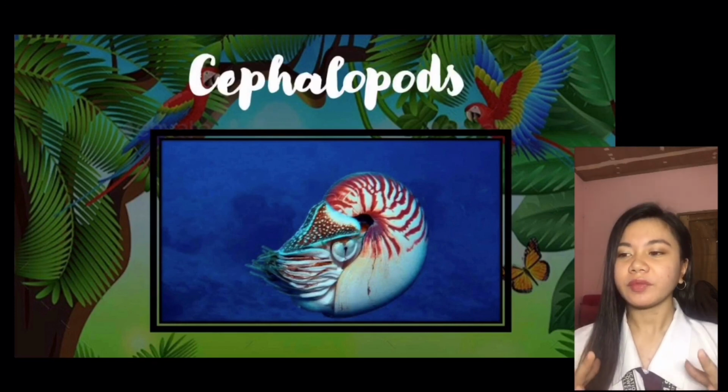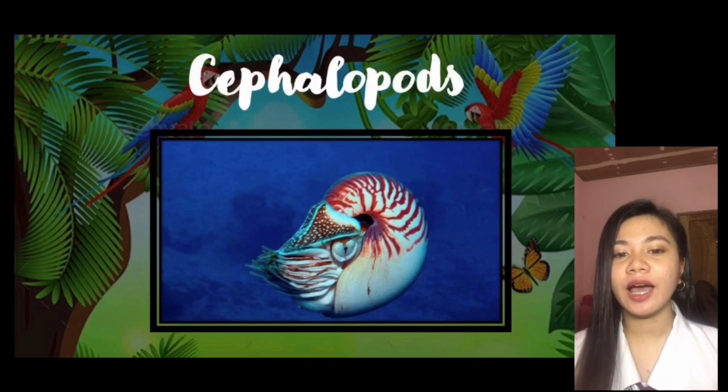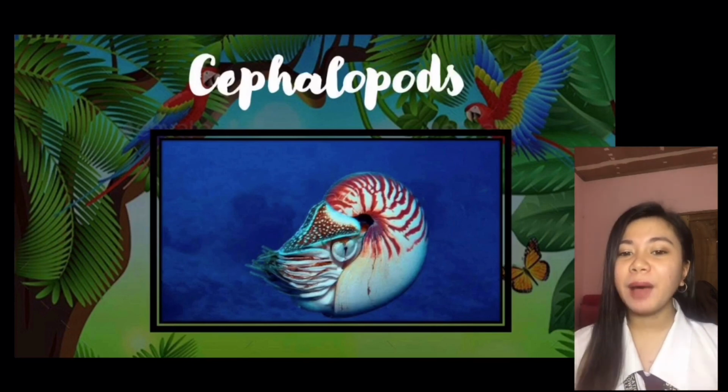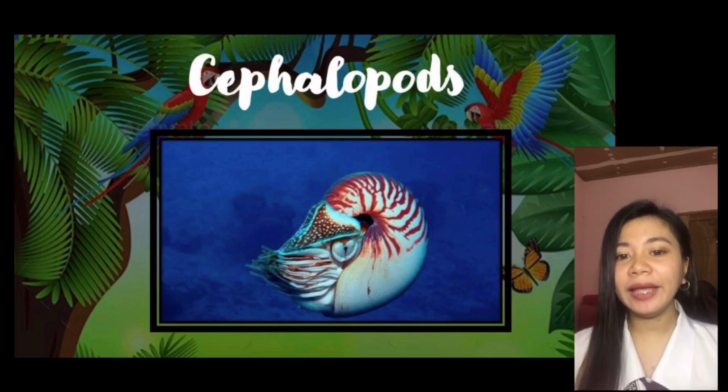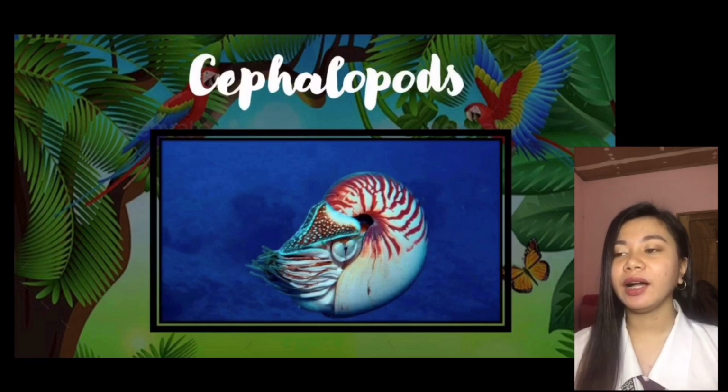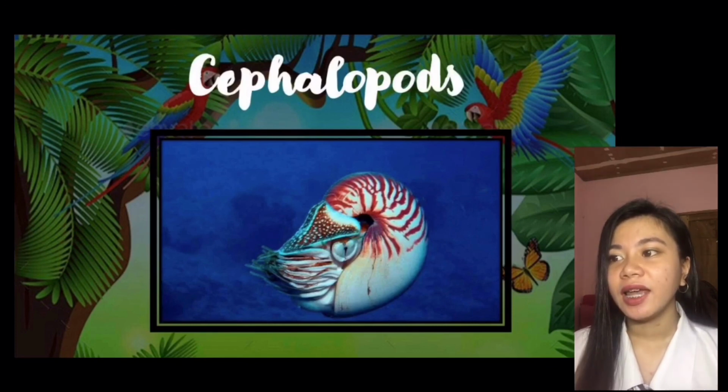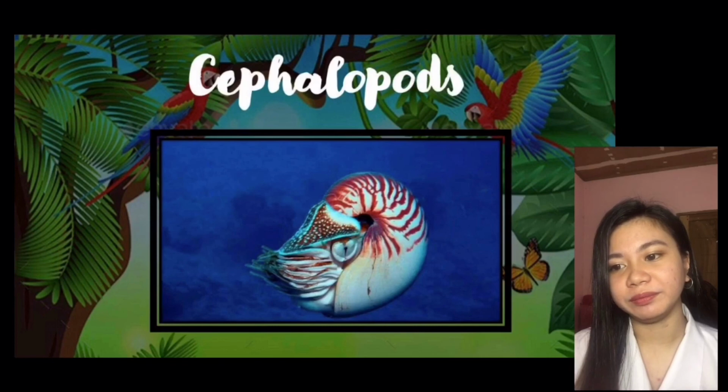So, ang kaibahan niya po sa univalves at sa bivalves, ito naman po is yung kind of soft-bodied which is meron siyang mga arms. Like octopus nga po.